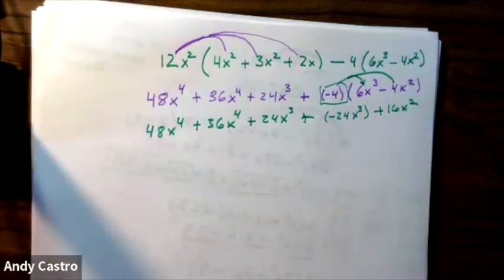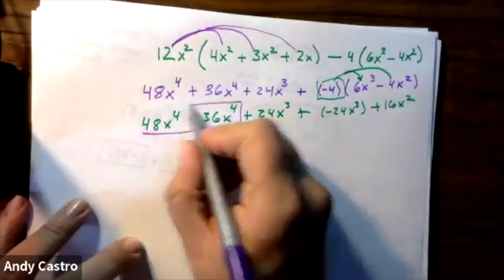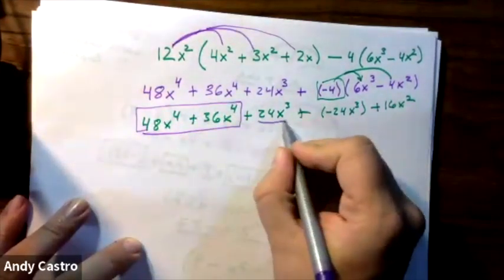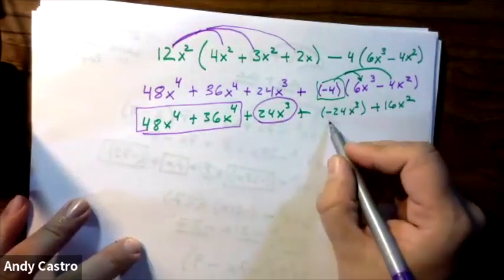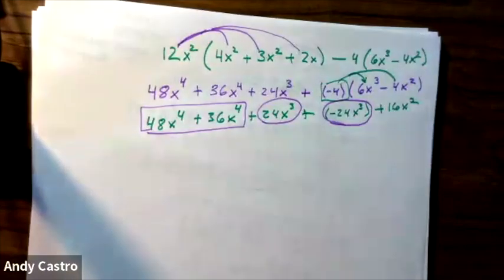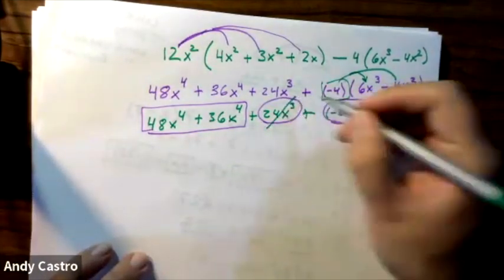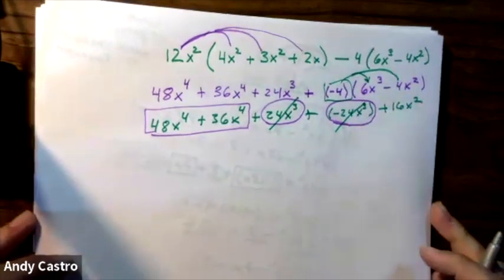All right, so now it's time to combine some like terms. These first two that we already talked about are like terms, the 24x cubed and the negative 24x cubed are like terms. In fact, those are opposite of each other. So we know that they're going to cancel each other out.